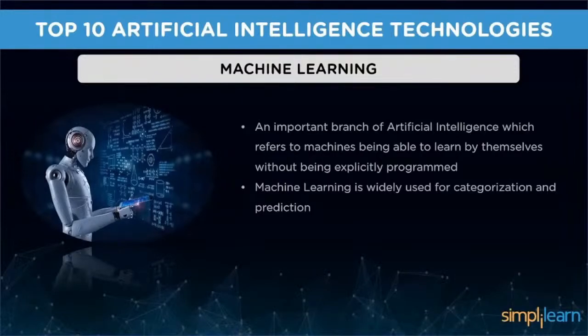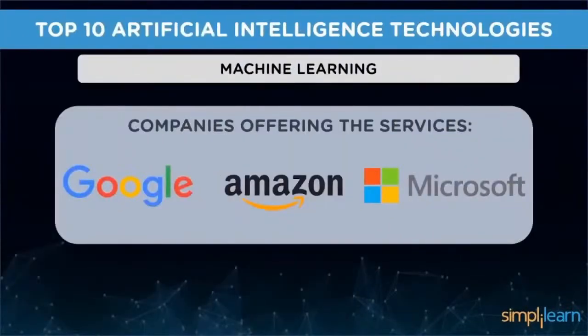Enterprises are heavily investing in machine learning to reap its benefits for the various domains. Machine learning is widely used for categorization and prediction. Some of the sample vendors are Amazon, Fractal Analytics, Google, Microsoft, etc.